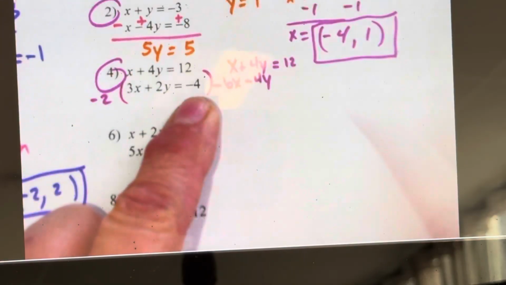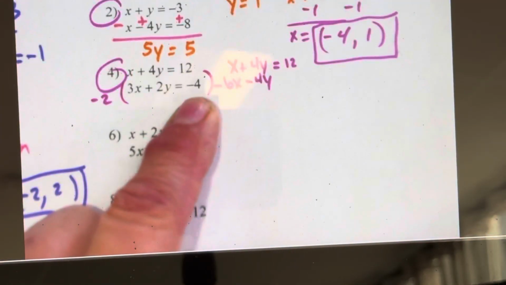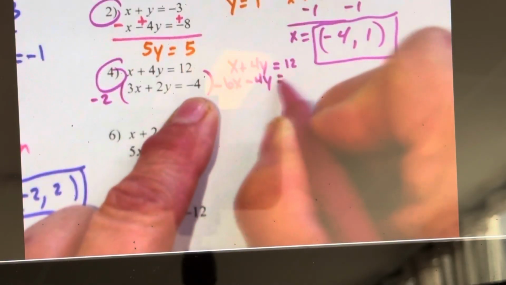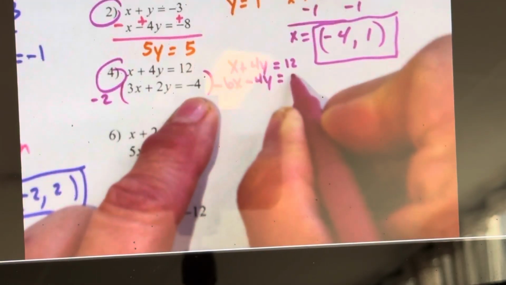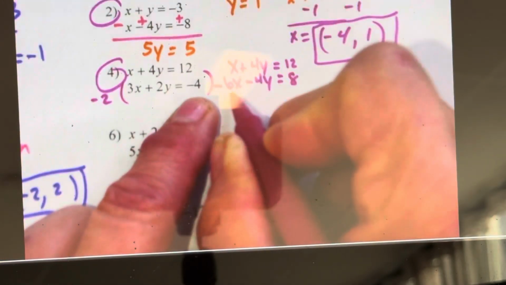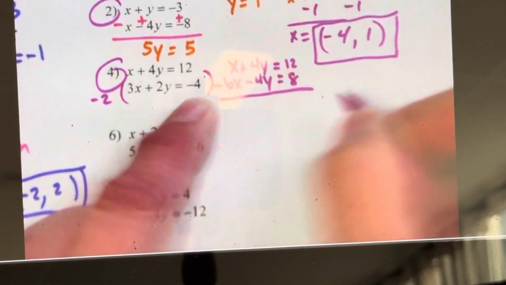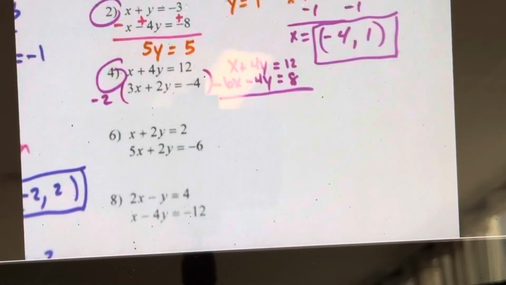Negative 2 times negative 4 is what? Negative times negative is a positive, and 2 times 4 is 8. So let me give you a minute. Add them together and solve for what? X or y? X, because you're going to eliminate the y.